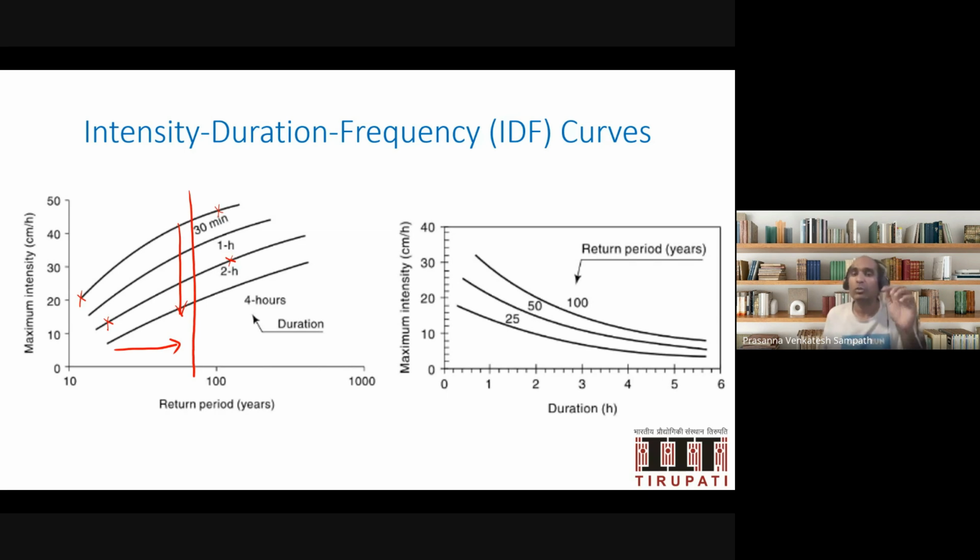Now, I want you to look at the second curve and use the same logic and try to understand why for the same return period, as the duration of storm increases, the maximum intensity is decreasing. Try to logically understand why that is, and then do the same thing. Draw a vertical line perpendicular to the x-axis at any point, and try to understand why the intensity is changing as a function of return period.